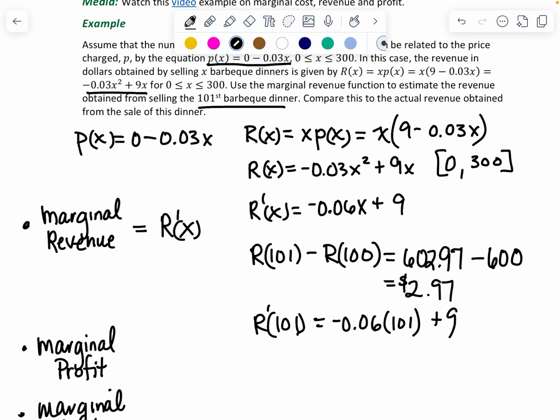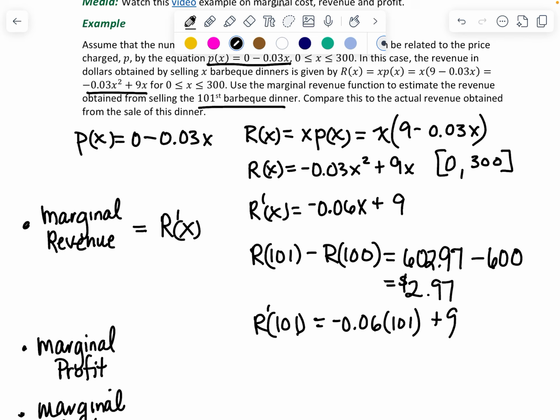So I have negative 0.06 times 101, and then plus 9, and what do I get? 2.94.